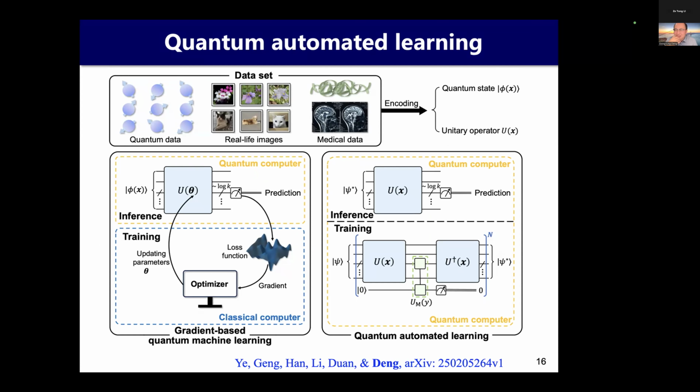Suppose your Hamiltonian has a reasonable gap between the ground state and the excited state. Then after some time of evolution, this random state will automatically evolve to the ground state. That's the intuition.